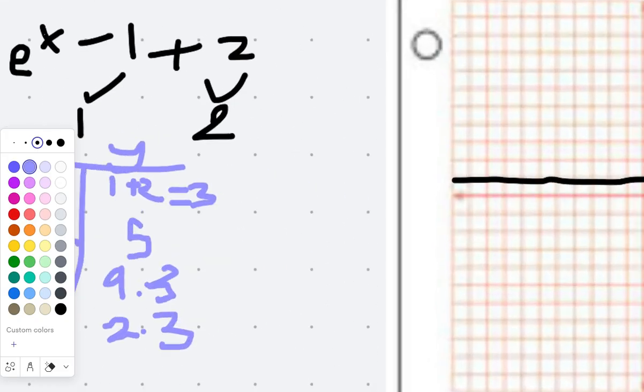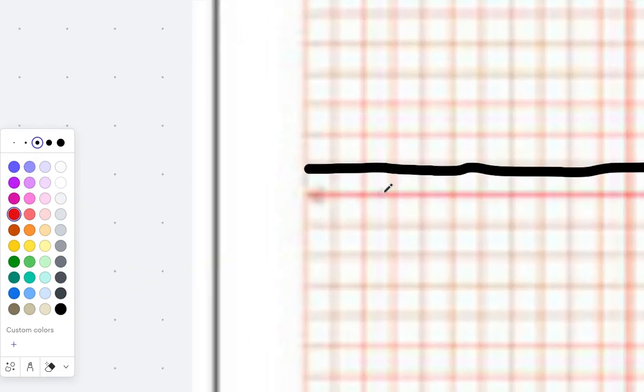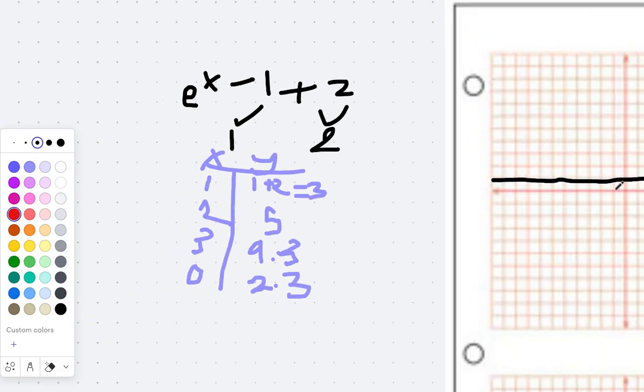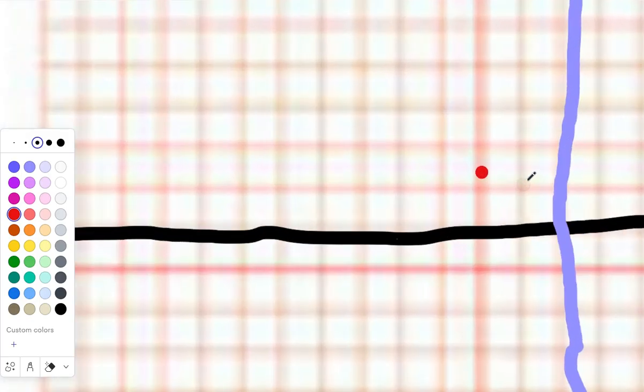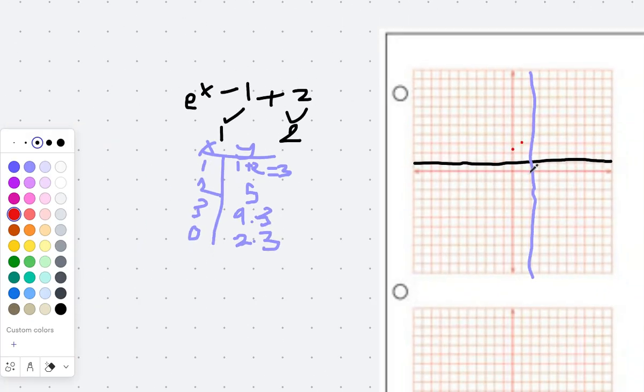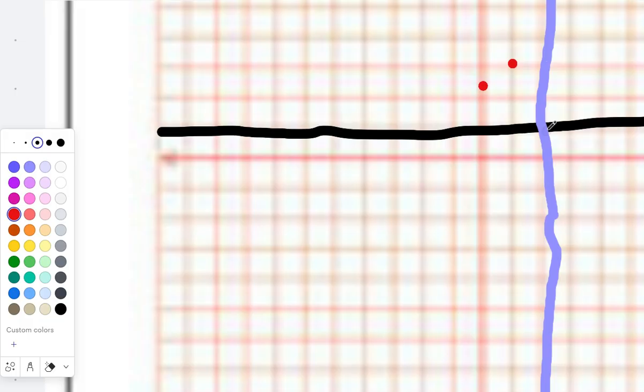So let's graph that real quick. At 0 we're at 2.3. At 1 we are at 3. At 2 we are at 5.